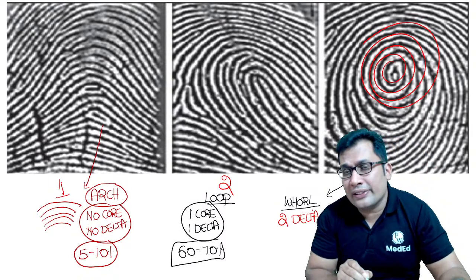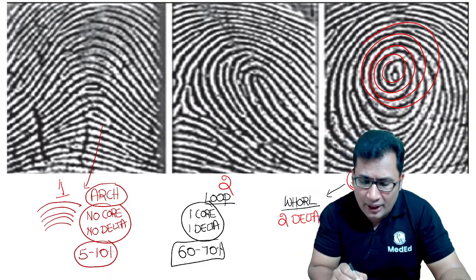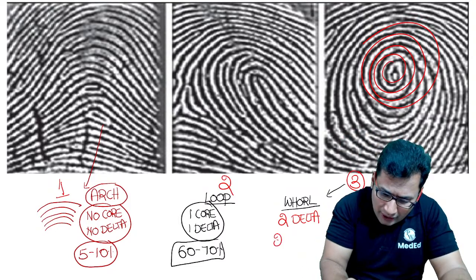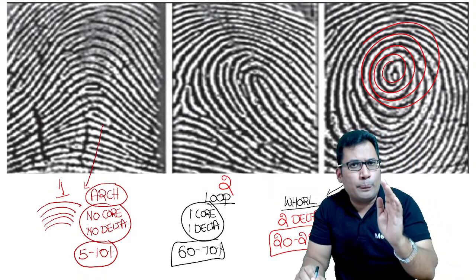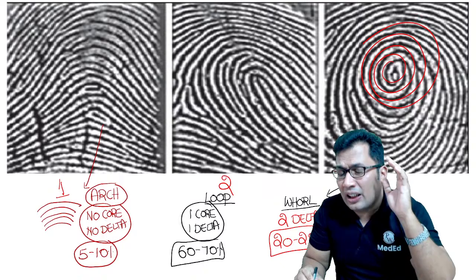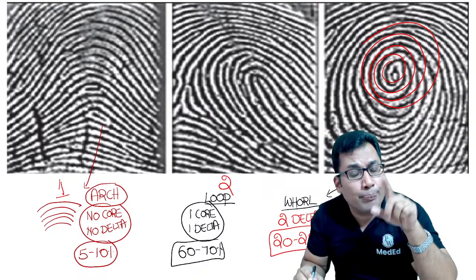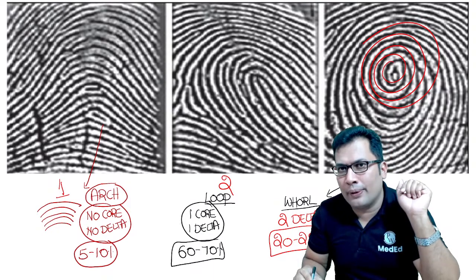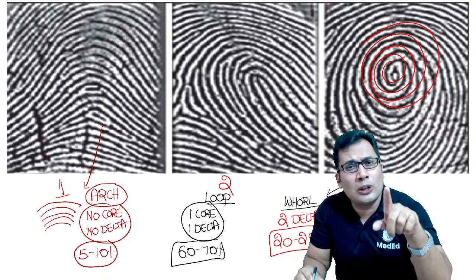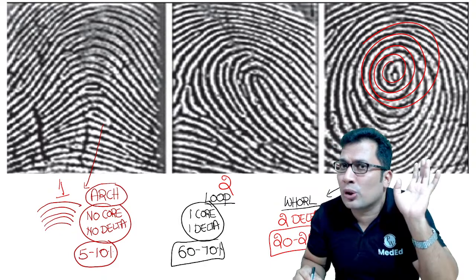Whorl is the second most common type of fingerprint, around 20 to 25% of cases. So loop, whorl and arch, and the last one is the mixed type, also known as composite type. The most common is loop, the least common is composite.